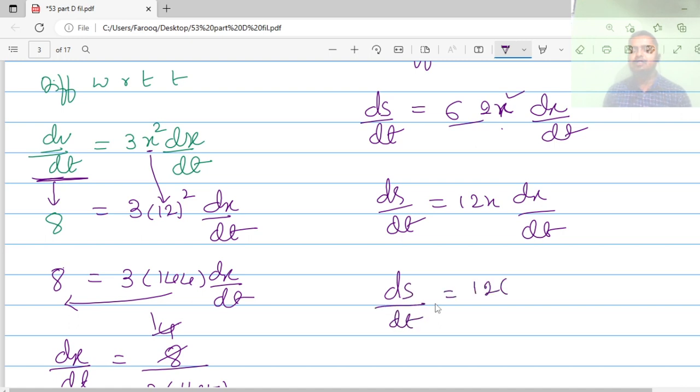The value of x is 12 here, the length of an edge. And dx by dt, 1 divided by 54, we have already calculated.